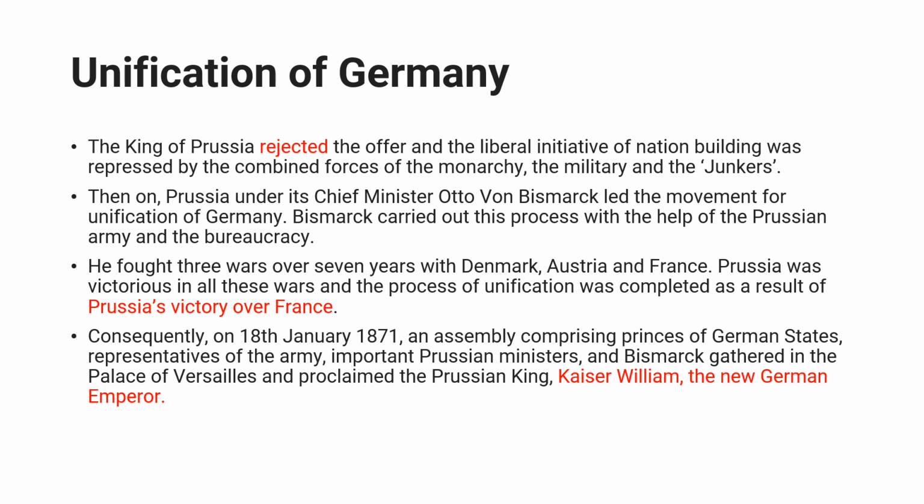Consequently, on 18 January 1871, an assembly comprising princes of German states, representatives of the army, important Prussian ministers, and Bismarck gathered in the palace of Versailles and proclaimed the Prussian king, Kaiser William, the new German emperor.